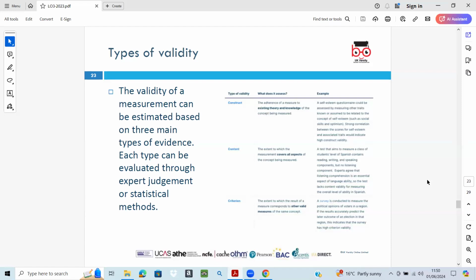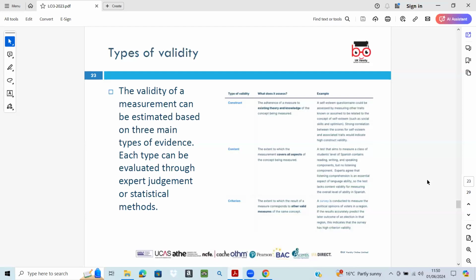Then we have construct validity. So construct validity focuses on whether a measurement tool assesses the theoretical concept or construct it claims to measure. It examines the degree to which the measurement aligns with the theoretical expectations in terms of relationships with other variables.